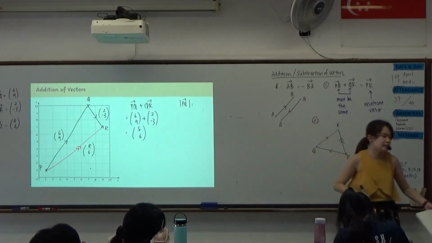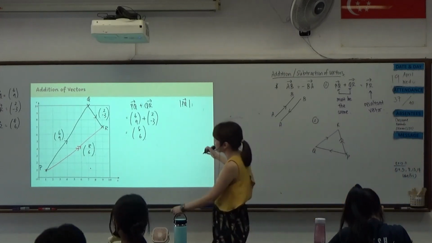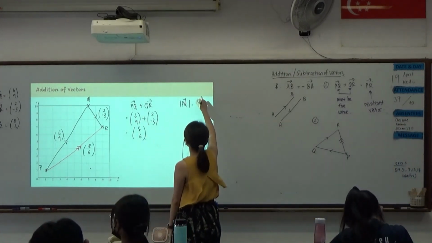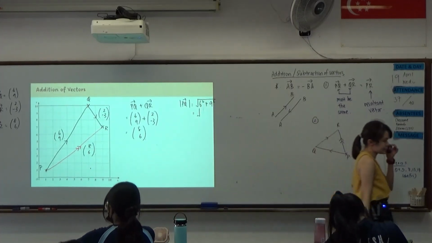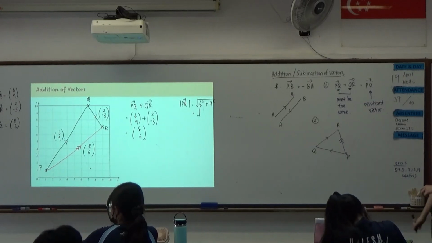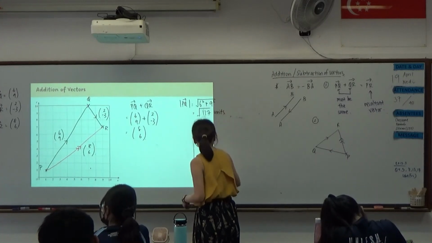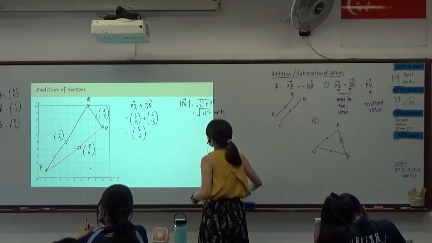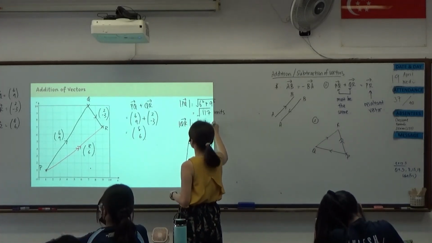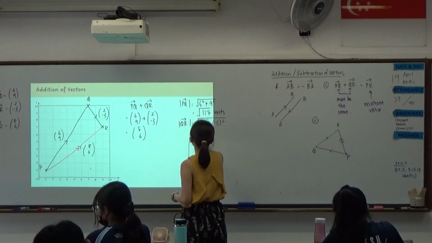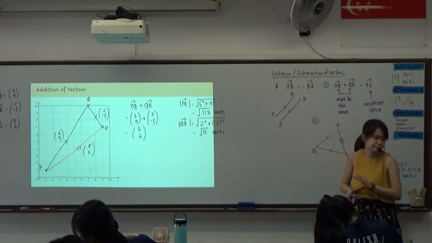Then let's take a look at whether the addition actually is consistent when it comes to the magnitude or not. So the magnitude of PQ will be 6 squared plus 9 squared followed by square root. That gives us square root of 117. And then the magnitude of QR will be 2 squared plus -3 squared, and that is square root of 13.